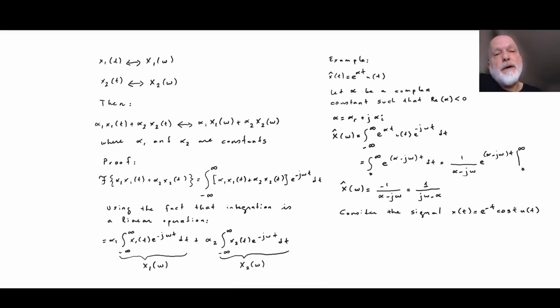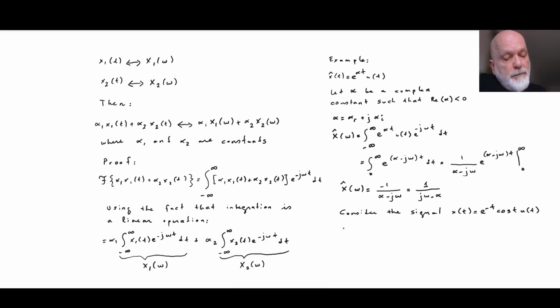Cosine t is always bounded in magnitude between minus 1 and plus 1, so its magnitude is less than or equal to 1. Therefore, the Fourier transform of this signal exists.